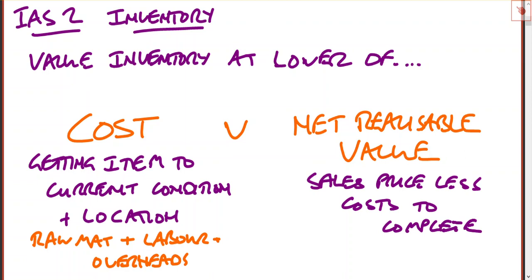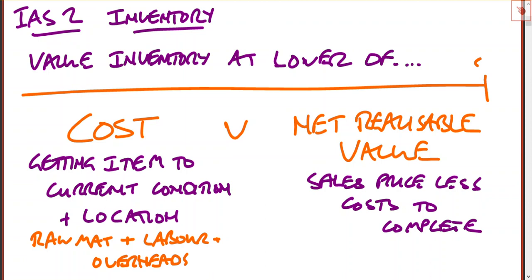And when I'm thinking about this standard, I'm really thinking about a timeline, because you're comparing, if you think of the timeline from when it's bought until it's sold, and you're trying to value it at the year end. Well, all of the cost stuff will be in here up to the year end.